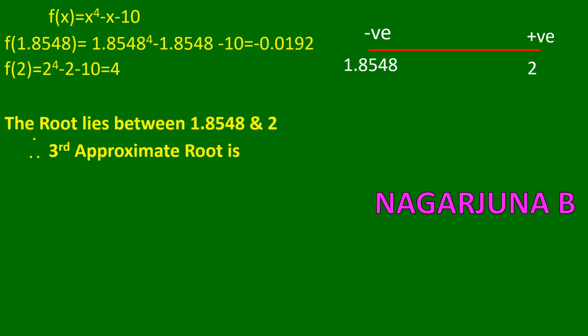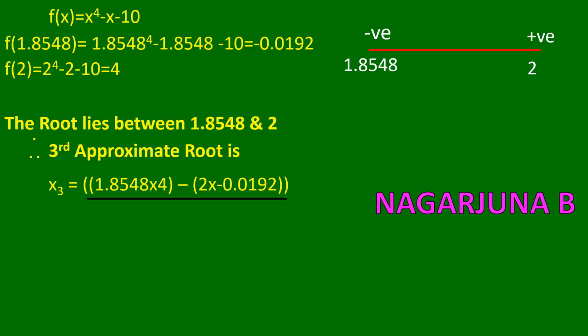Therefore 1.8548 is a. So x2 is equal to, open the bracket, a into f of b, that is 1.8548 into 4, close the bracket, minus, open the bracket, 2 into minus 0.0192, close the bracket, again close the bracket, divided by f of b minus f of a, that is 4 minus, open the bracket, minus 0.0192, close the bracket, again close the bracket.